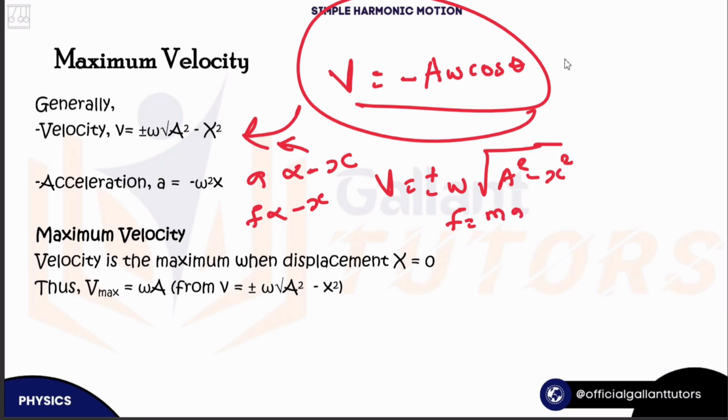Clear? So we now have that a is directly proportional to F, too. By just replacing this, I can say a is directly proportional to minus x. Is that clear? So the key takeaway is to know this, and then know this.